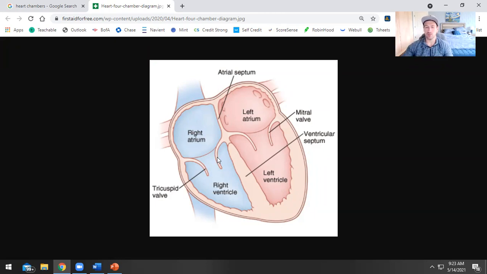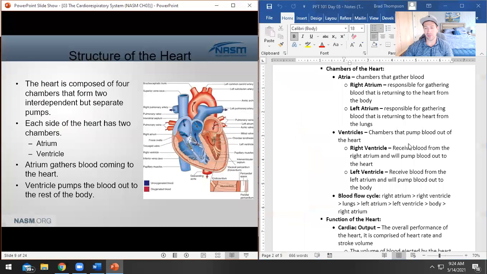So this right atrium gathers a bunch of blood. This left atrium gathers a bunch of blood. And then blood's going to rush into both ventricles at the same time. If it's going to the right ventricle, that is the chamber that's receiving blood from the right atrium, and its job is to pump blood out of the heart to the lungs.